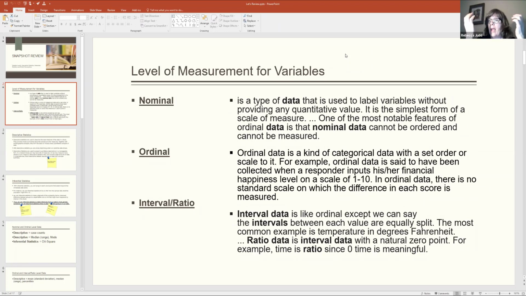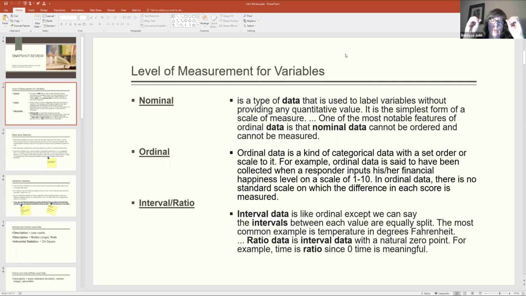I can say 18 to 30, and then 31 to 49, and then 50 to 68. I can categorize it however I need to. Then it becomes ordinal. Or I could do interval ratio, and I could say, how old are you today in years? And just have them put that number down.